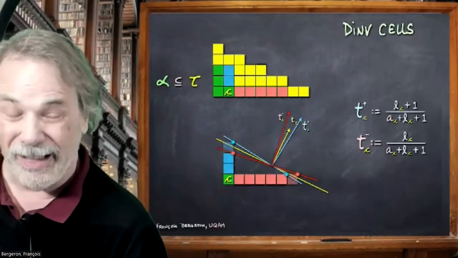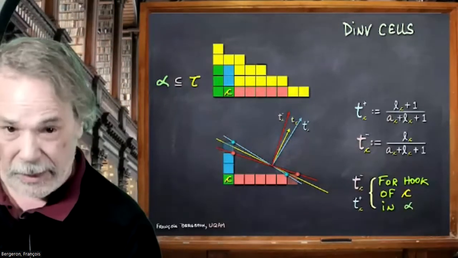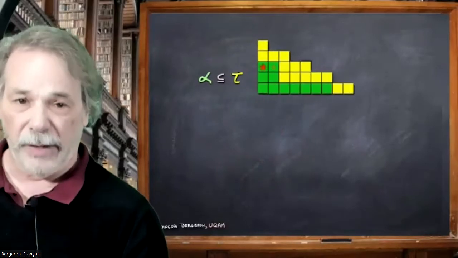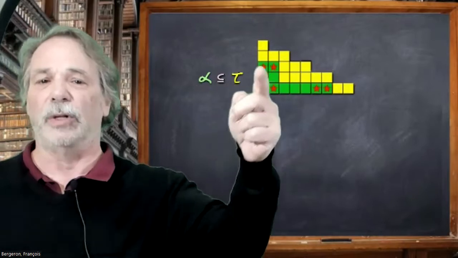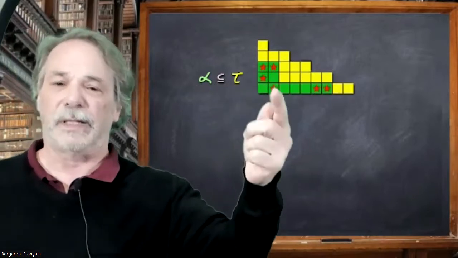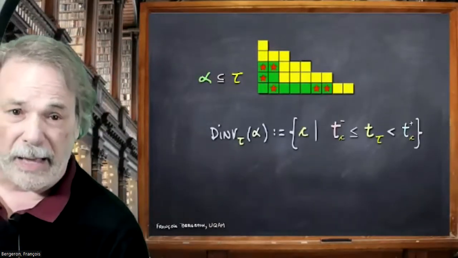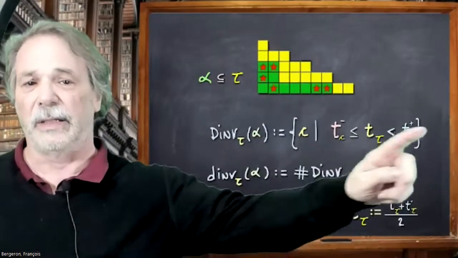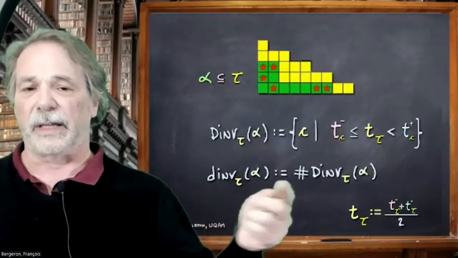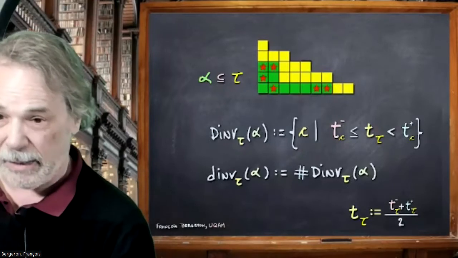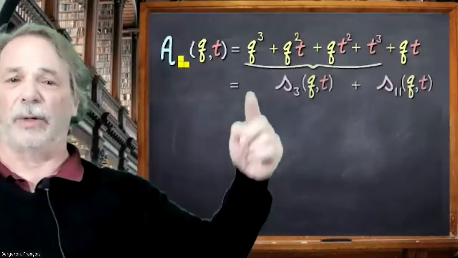DINF cells have to do with triangularity. For a given alpha inside tau, you look at each cell. If it's a DINF cell, you keep it, and if not, you don't count it. That's the definition I was giving you a minute ago. The DINF statistic is the number of these. Okay, so now we know how to calculate it.